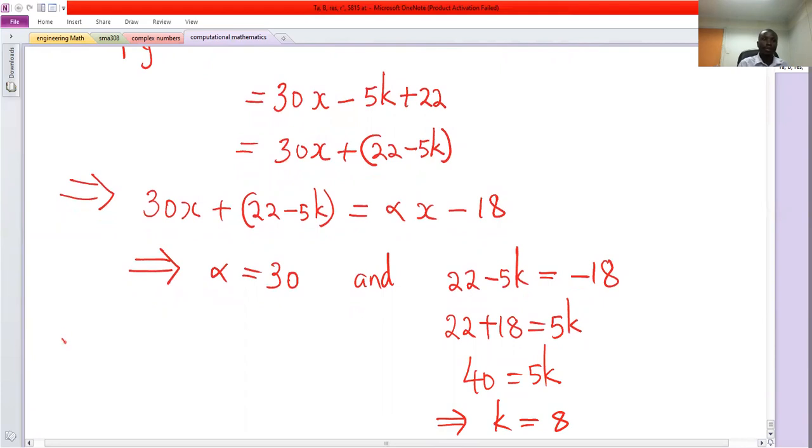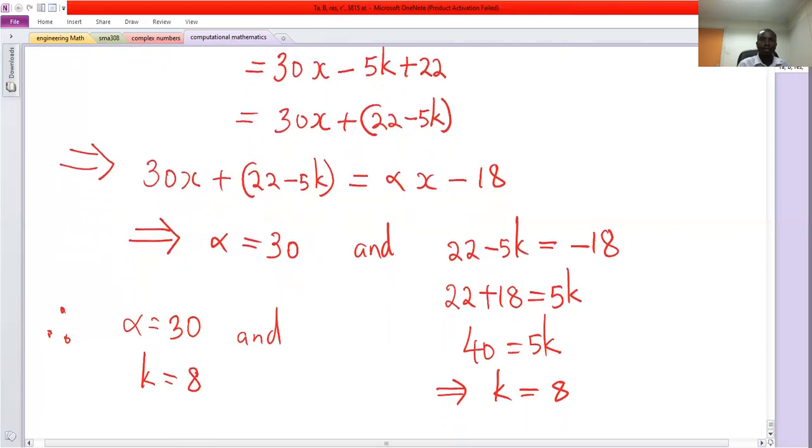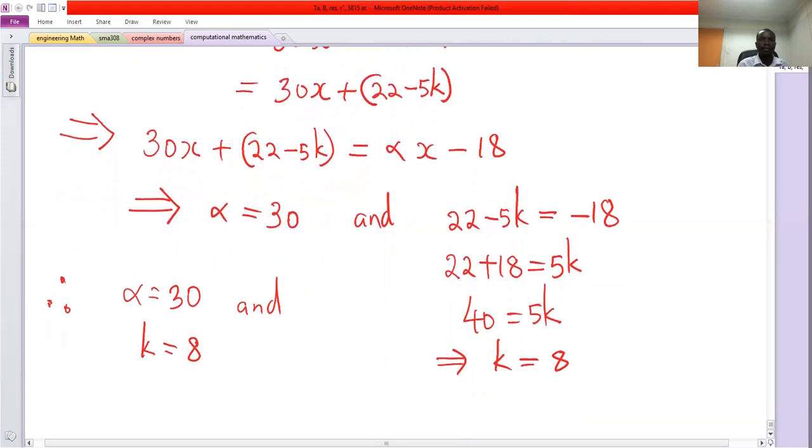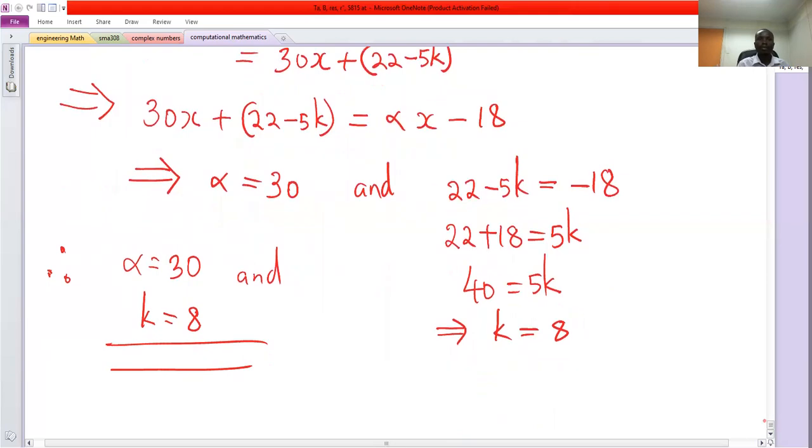So therefore, the solution to the question: alpha is 30 and k is 8. You can always prove that result. So that's the solution to that. Thank you.